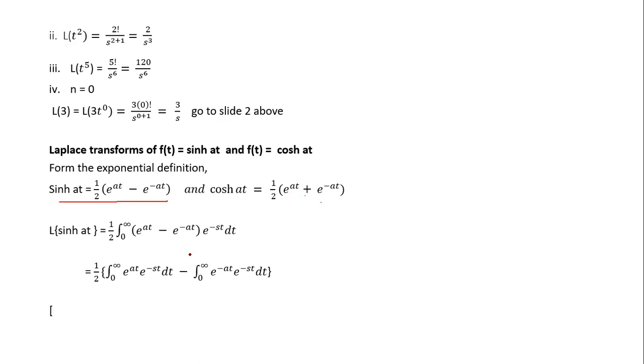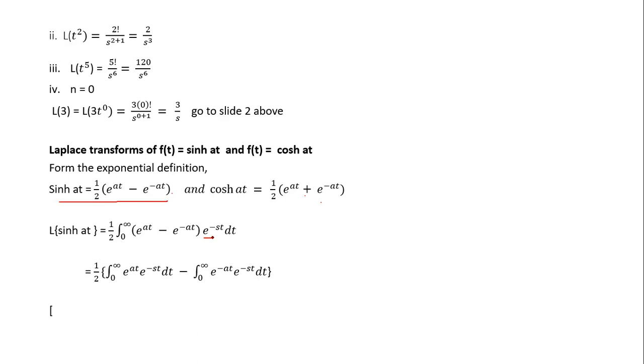So in case I want to transform the sinh at to Laplace, then Laplace of sinh at now becomes half. You know that we have to multiply this by the transformer, which is exponential negative st. So I multiply all this by exponential negative st dt, integral from 0 to positive infinity.